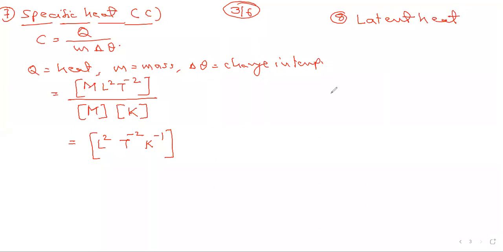Latent heat, its symbol is L. L equal to Q upon M. Q is heat, M is mass.